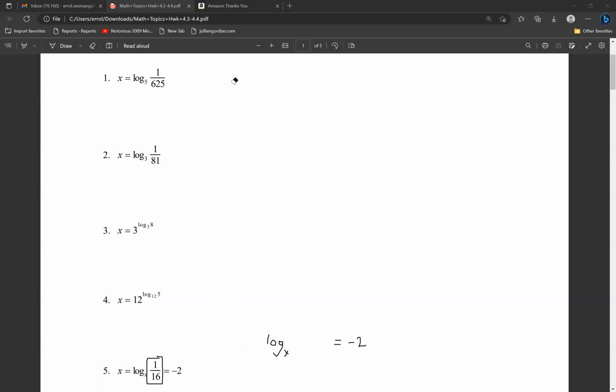Can you just flip it? Flip it? You mean 16 over 1? Well, remember, 1 over 16 is not the same as 16 over 1. Oh, yeah. So log subscript x. This gives you a hint as to what base to write it with. Can we write 1 over 16 with base 2?